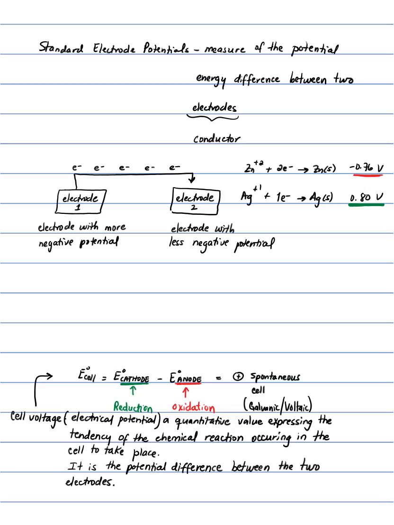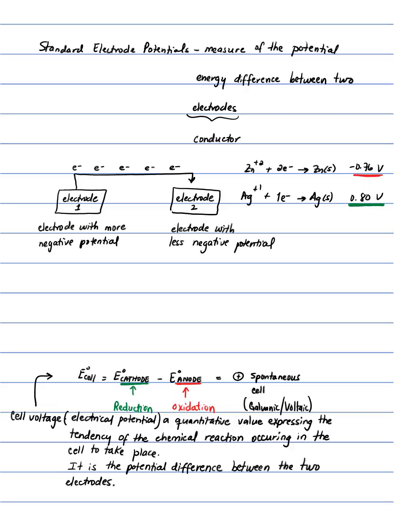Now, the electrode with the less negative potential will be the half reaction that you have for the silver. So you have oxidation and reduction. But in your half reactions, you have ions and you have the solids. Which substances are being oxidized, which substances are being reduced?